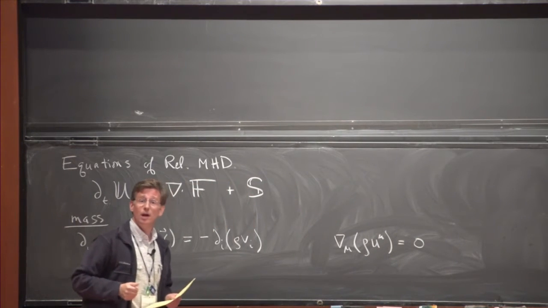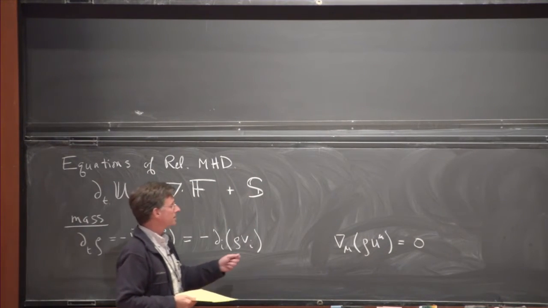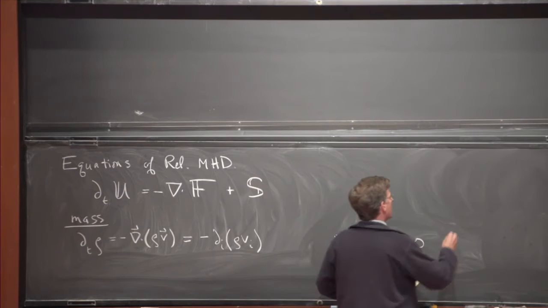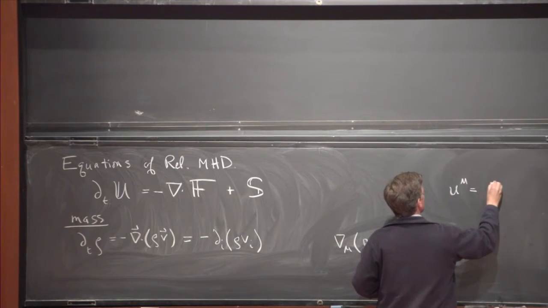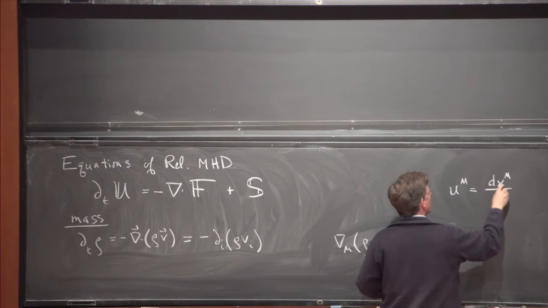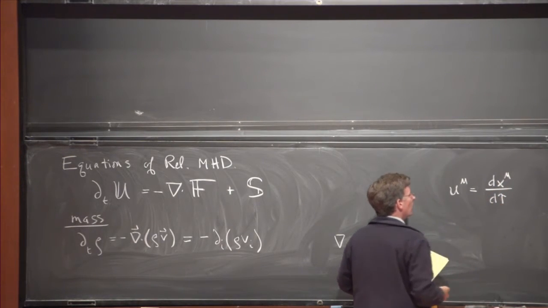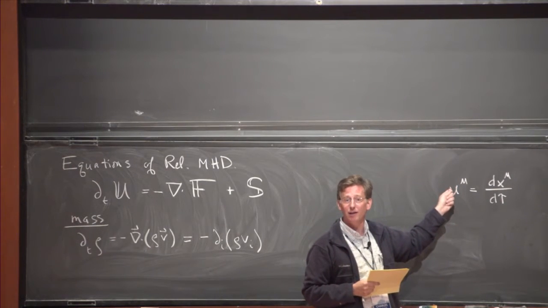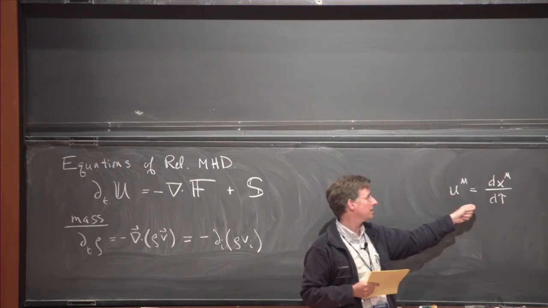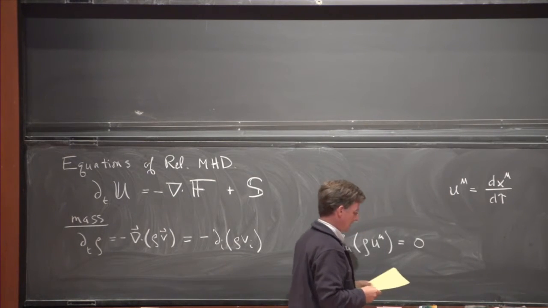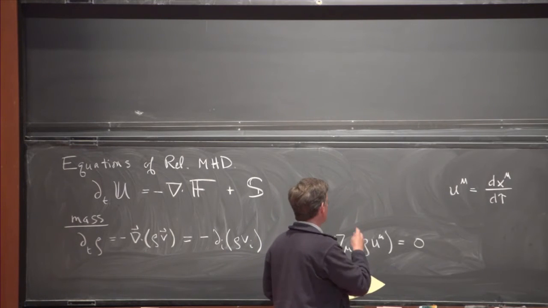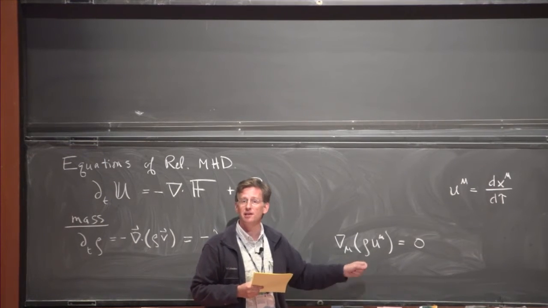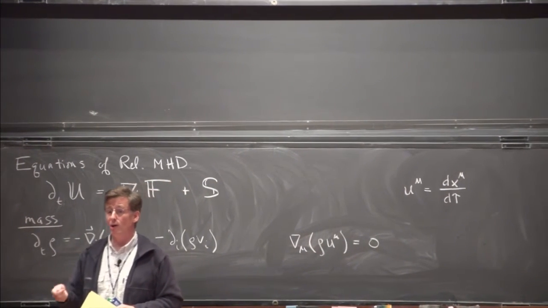Okay, so what's new here is that we've introduced the 4-velocity u^mu, and u^mu is the rate of change of some coordinate x^mu with respect to a clock that's carried by an observer that's moving with that speed. Okay, so this is the so-called proper time. So we've introduced u^mu. We have to define density a little bit carefully. Density here is really related to particle number density.